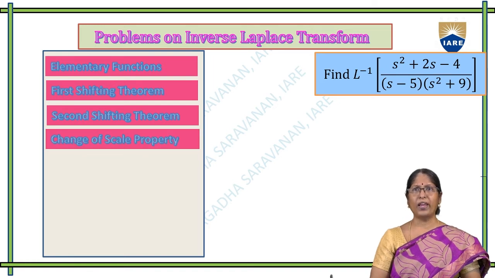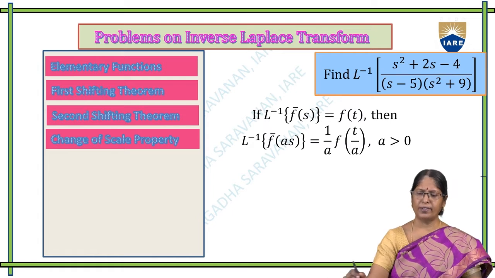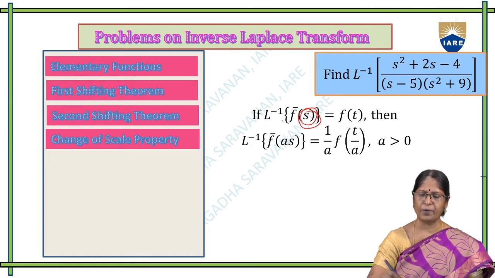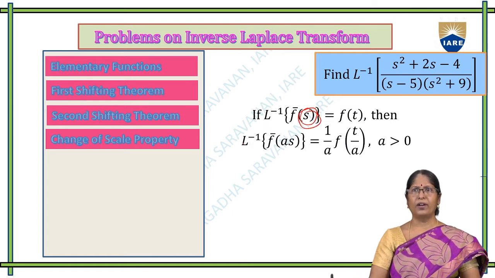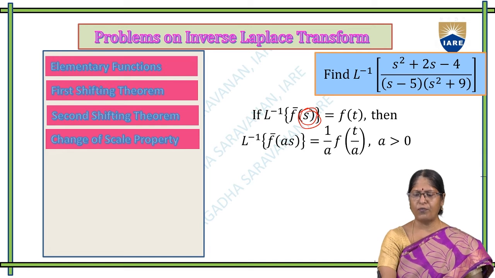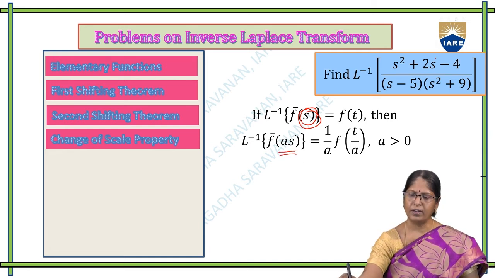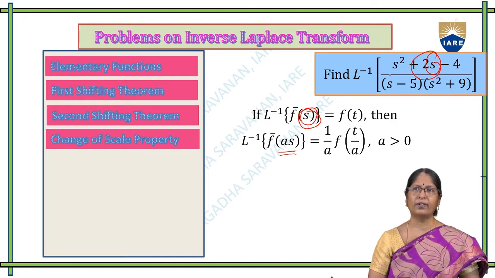The next one related to inverse Laplace transform is the change of scale property. In the change of scale property, if s is multiplied by a, that is in the format of as, here the numerator 2s is there.